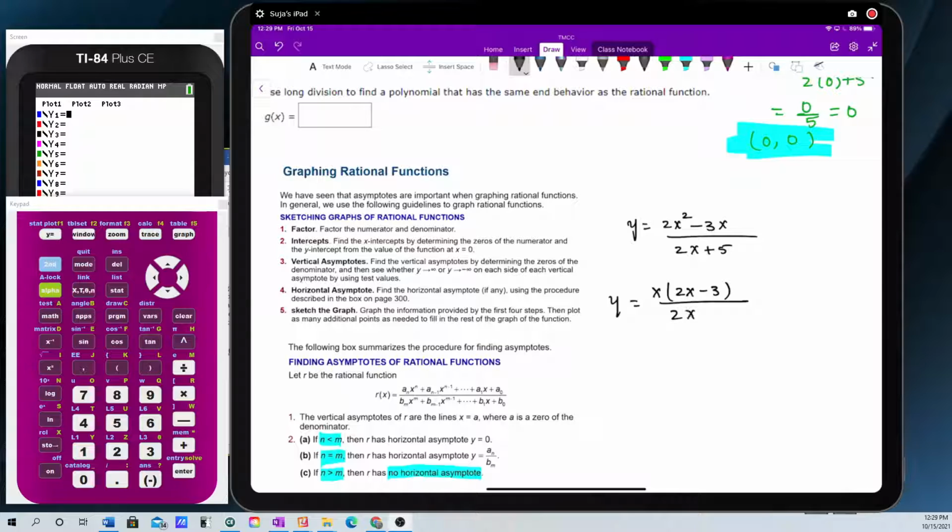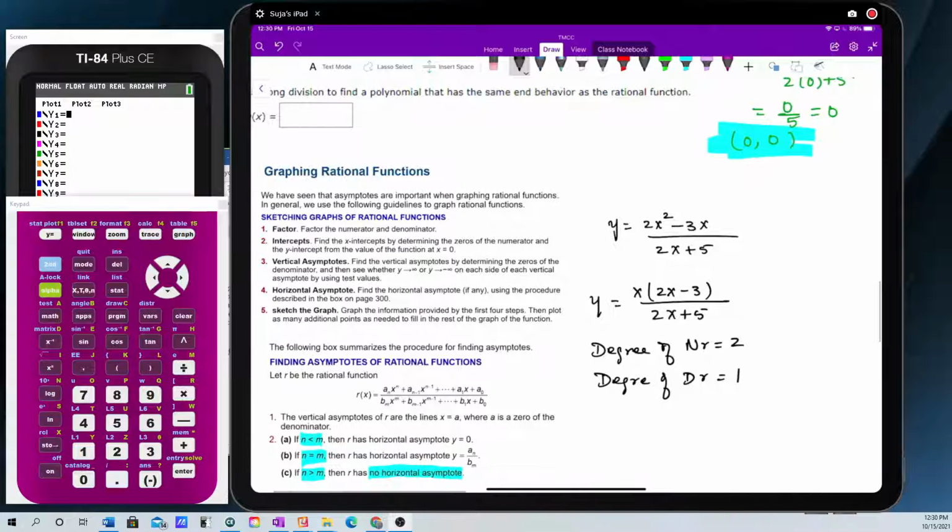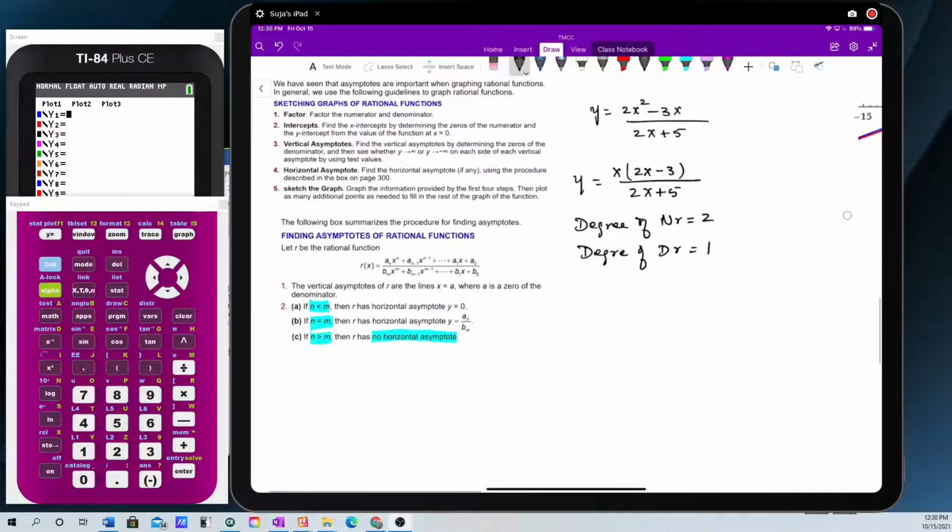If you look at the degree of the numerator, which is 2, and the degree of the denominator, 1, since my numerator degree is greater than the denominator degree, there is no horizontal asymptote. But since my numerator degree is 1 more than the denominator degree, in this case I have an oblique asymptote.